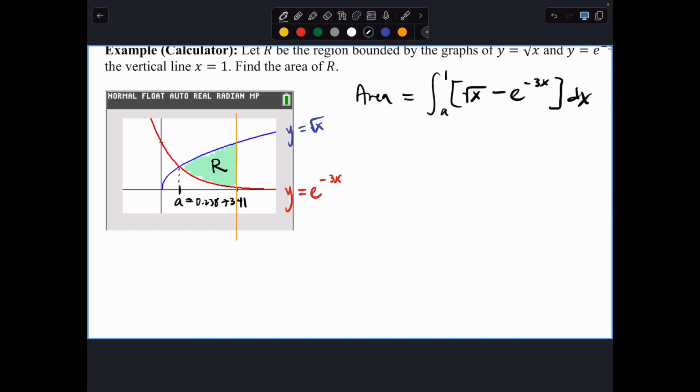You can either type that whole thing out in your calculator in the integral, or you could store it. Do we remember how to store values? You would type it into your calculator, hit the store, alpha, pick a letter, enter. Don't we just need to enter it once anyways? Well, it depends. If you were having to use it again for another part of a question, it might be worth storing it.